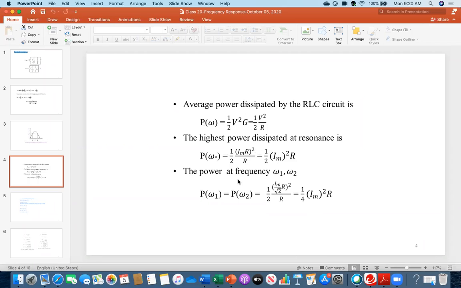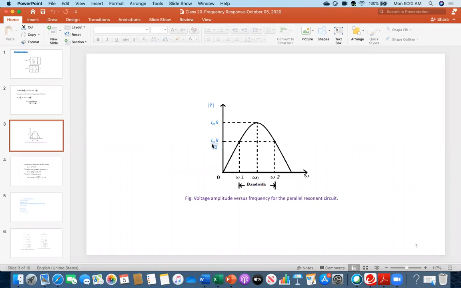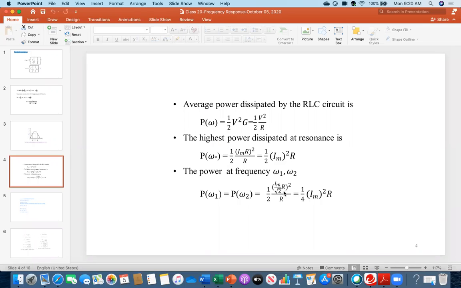And then similarly, the power at frequency omega 1 and omega 2 will be equal to half, and then Im R by root 2. Look at this voltage value, Im R over root 2. If you square it, because it was 1 over root 2, you get a half, and then already there is a half, so 1/4.